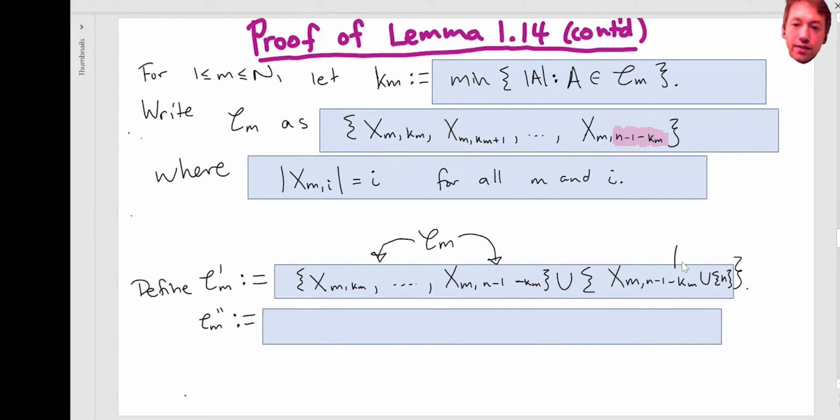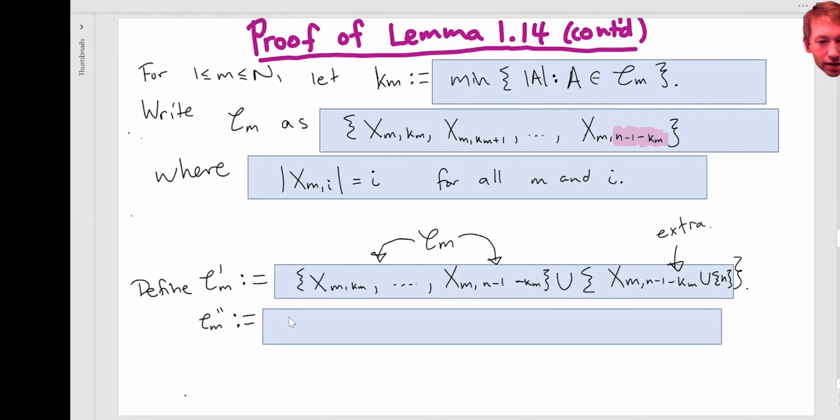So this is one extra element. It's not hard to see that this is a symmetric chain in the power set of 1 up to n. If you just check the definitions, this new set contains the previous one, and therefore it contains all of the ones that came before it. So we're okay for that.